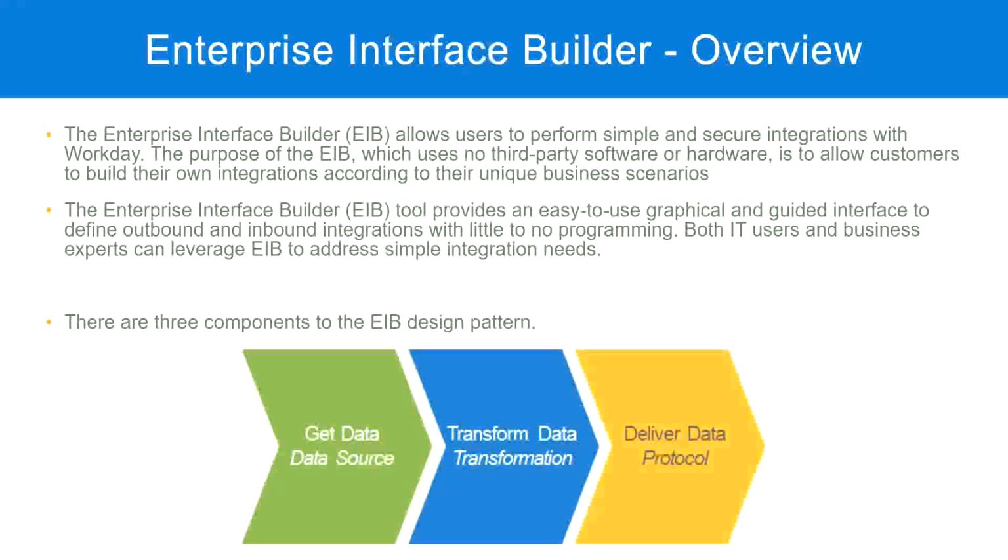If yes, configure that. If no, leave it blank. And then deliver the data: how are we going to send the data to an external system? We have to configure that as well. So once we do these 3 steps, our EIB is ready. We are going to start exchanging information from Workday with an external system.